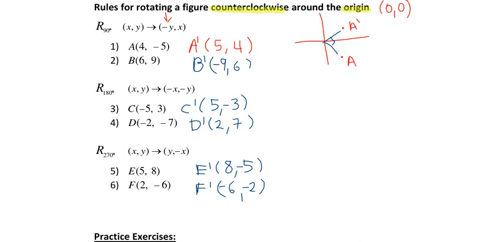Okay, so those are the rules to rotate a figure on the coordinate plane. I just want you to practice applying these rules so that in the following lesson we can actually do the rotations. Notice that we only are rotating 90, 180, 270. It's 90 and the multiples of 90.